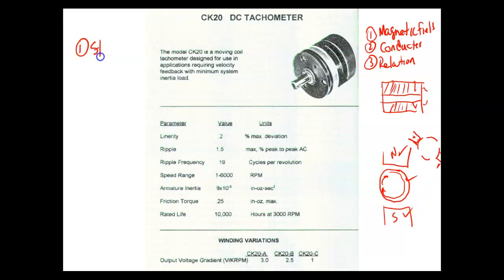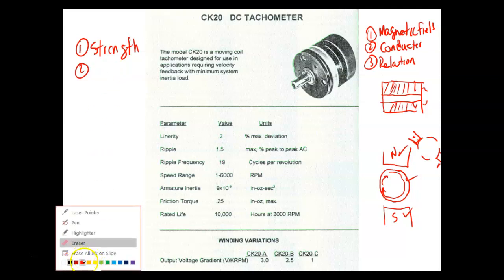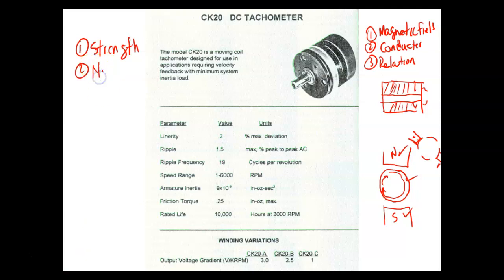Number one, the strength of the field. Number two, the number of conductor loops, or some people say loops in the coil. And then, of course, number three would be the speed of the motion.